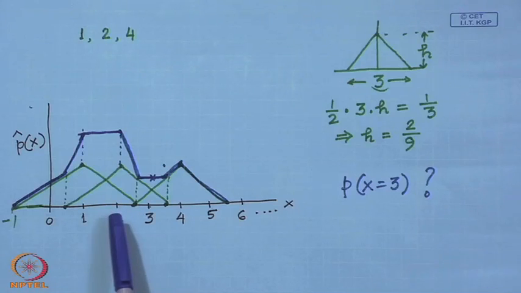And because it is a convolution operation, what will happen if I have multiple samples at a particular location? As before, if I have two samples at location x equal to 2, the height of that pulse I have to take is equal to 2. If I have a single sample at a particular location, the height of that pulse will be equal to 1, a unit pulse.